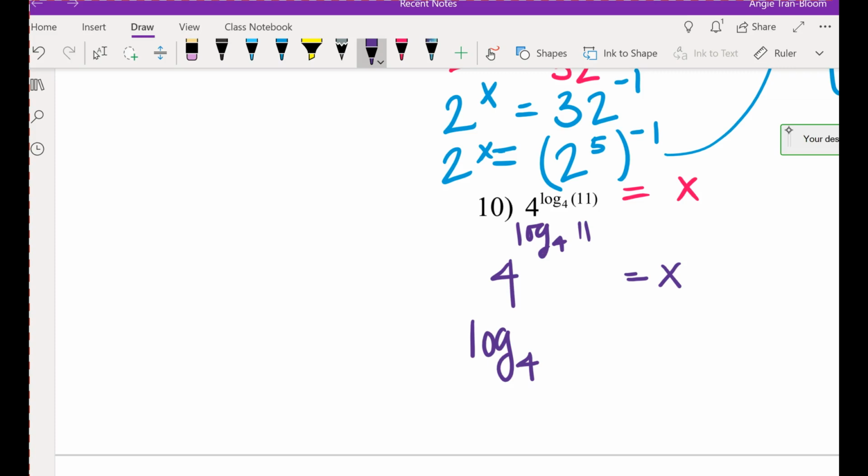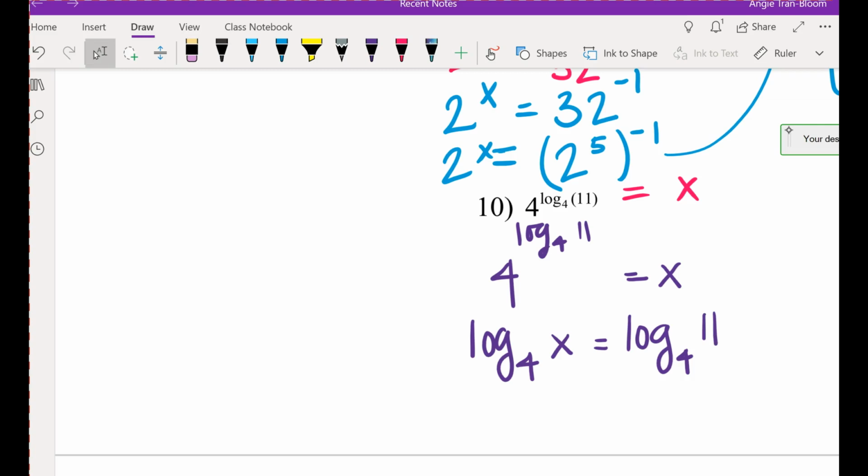Of x. Because isn't that what the output is? The output's x? Isn't it always going to go right behind the word log? Equal to what? The exponent. The exponent in this case is just log base 4 of 11.